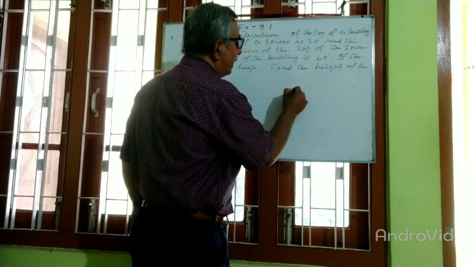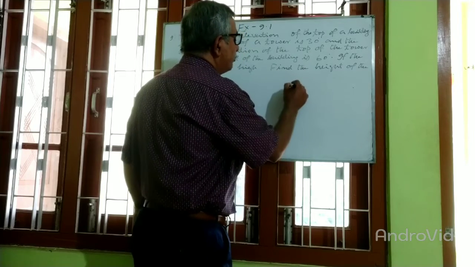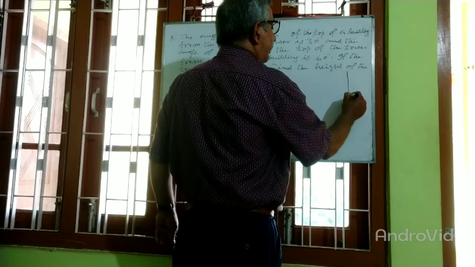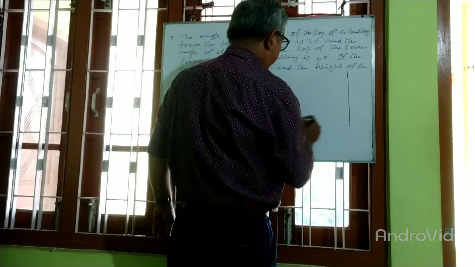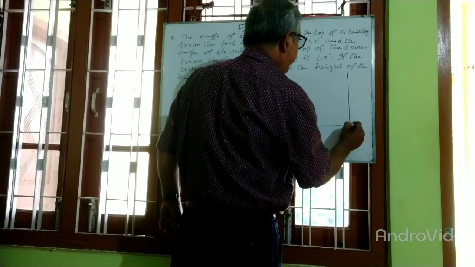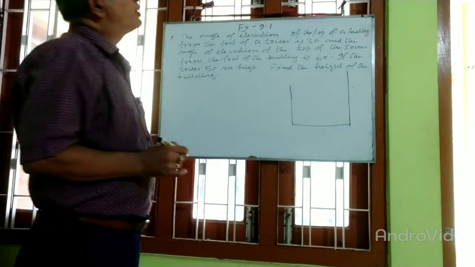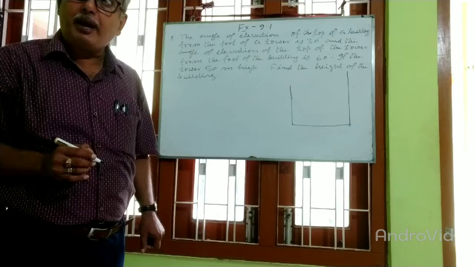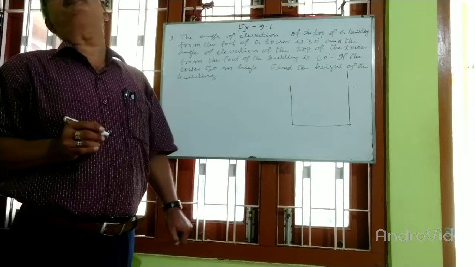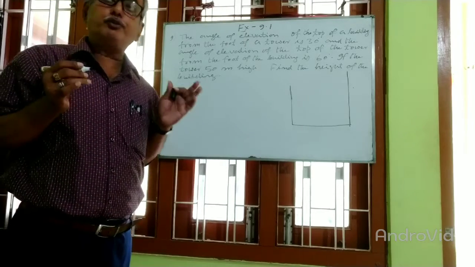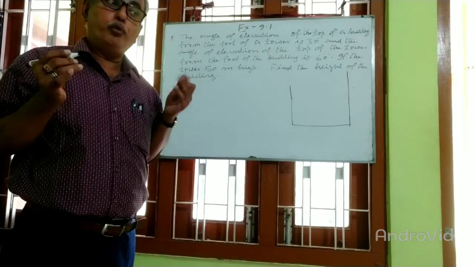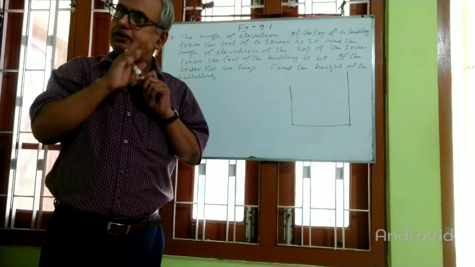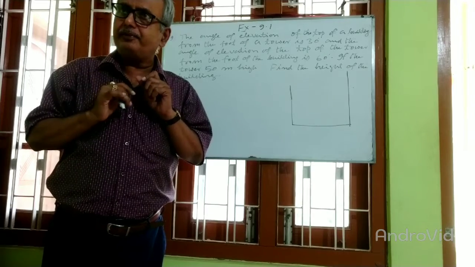Suppose this is what? Which one will be taller? Building will be taller, or a tower will be taller. How should we consider? How will we get the idea? One is taller and one is shorter.